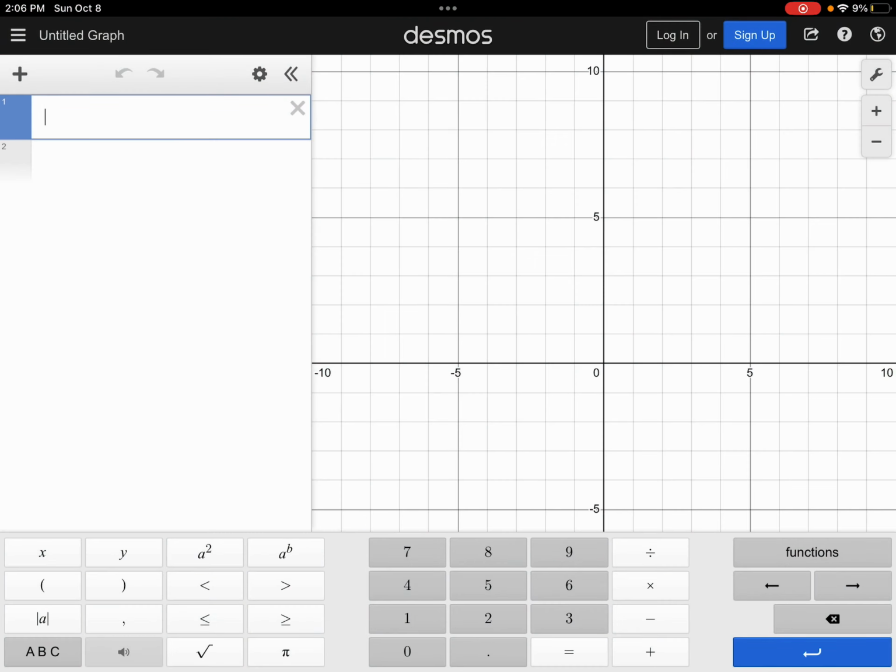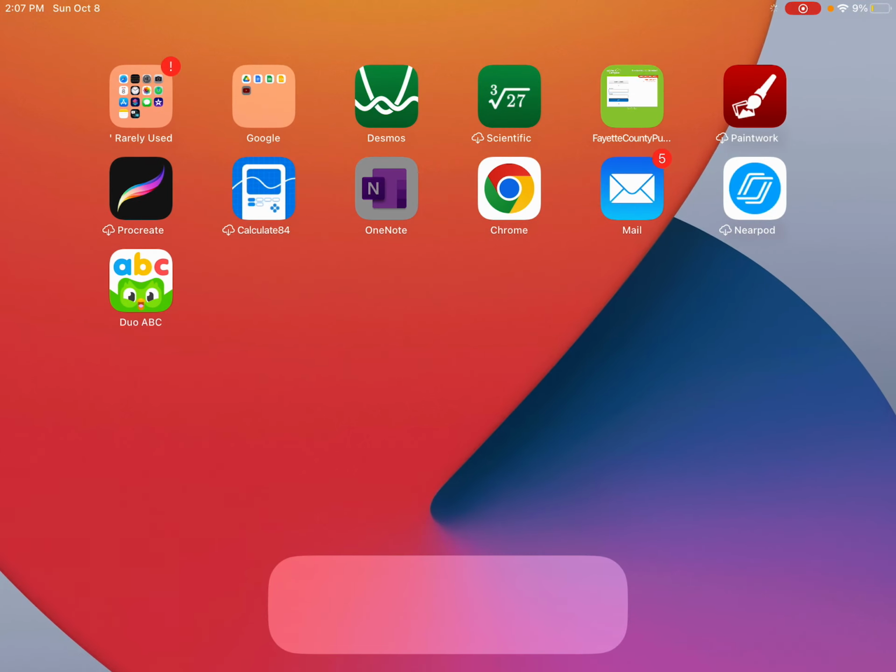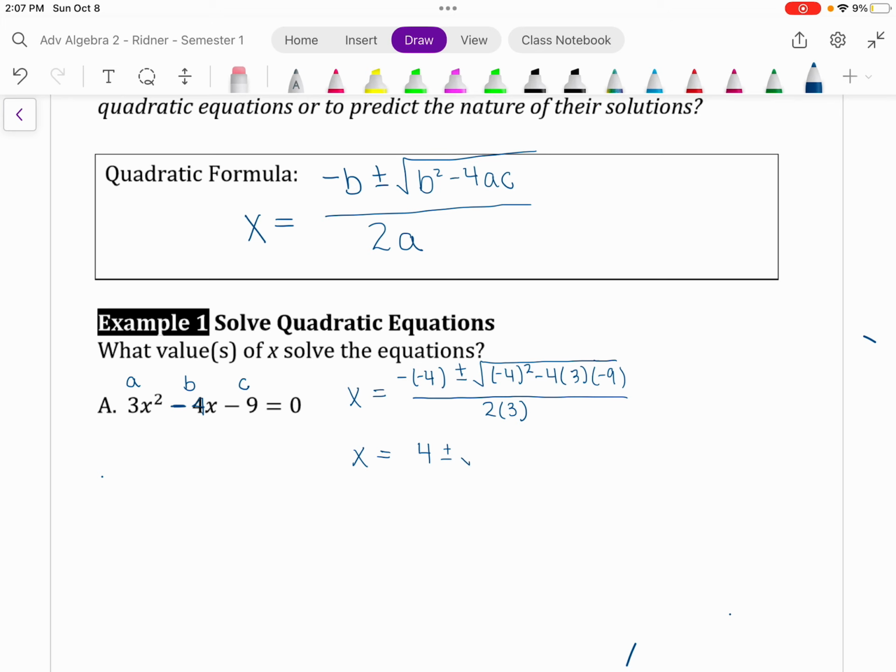And so that looks like negative 4 squared minus 4 times 3 times negative 9. And that is 124. So that's square root of 124 all over 6.